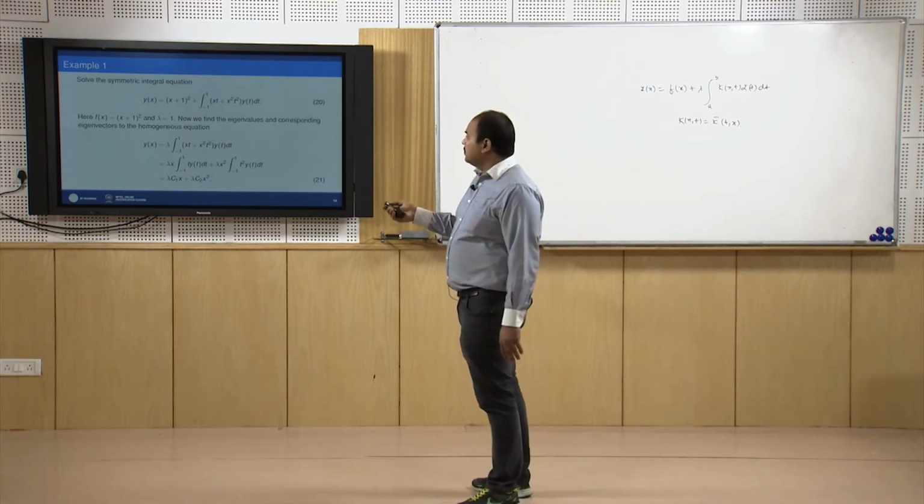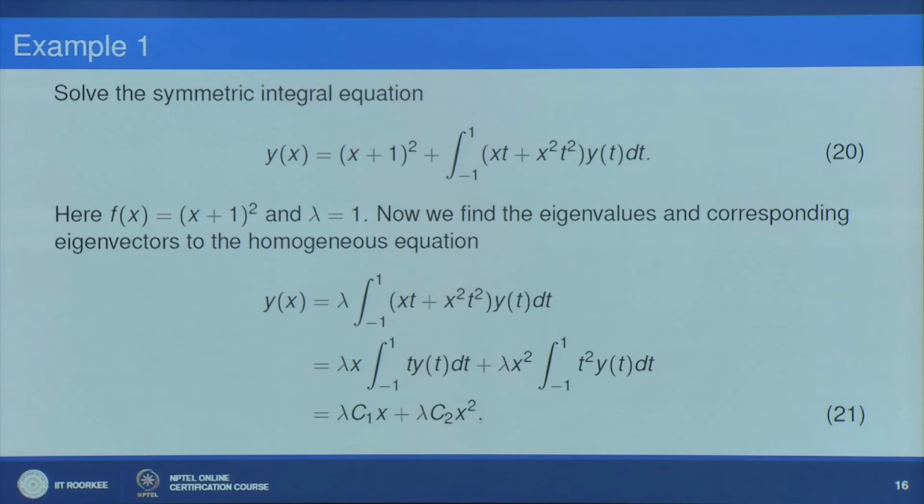So our first problem is this, y of x equal to x plus 1 whole square plus integral from a to b, here a is minus 1 and b is 1, x t plus x square t square y t d t. Now if you look at here, f of x is x plus 1 whole square and lambda is basically 1 here, and k x t is this.